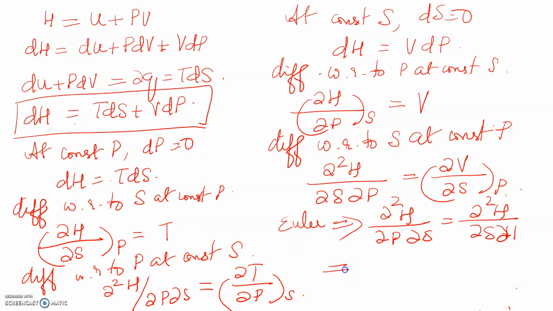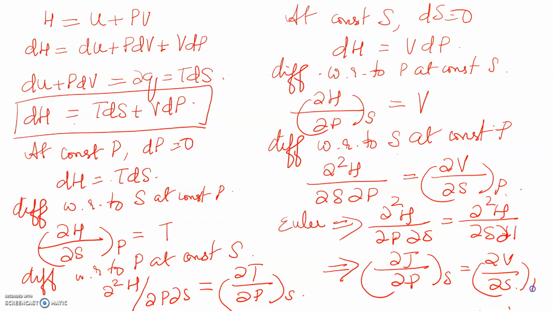This implies ∂T/∂P at constant S will be equal to ∂V/∂S at constant pressure. This is the second thermodynamic Maxwell's relation based on the function H.